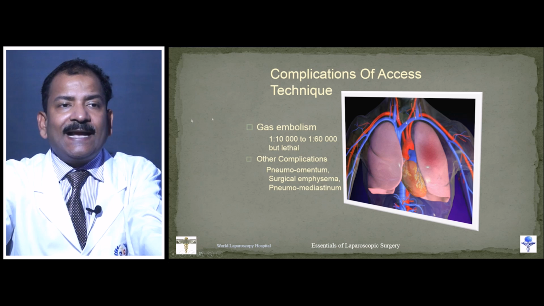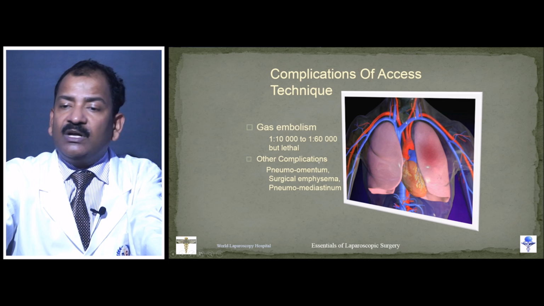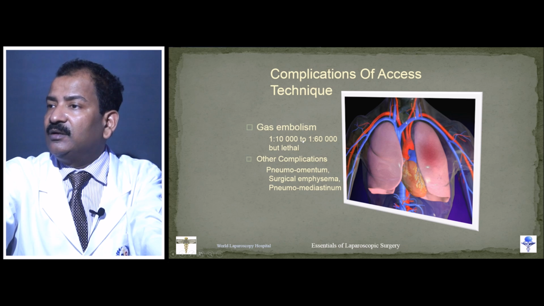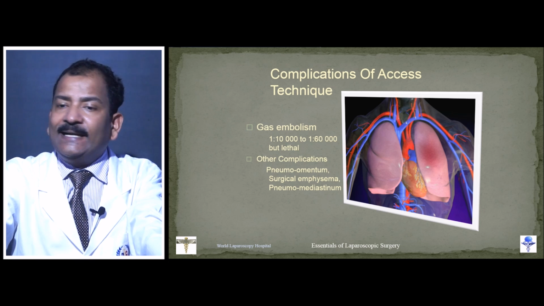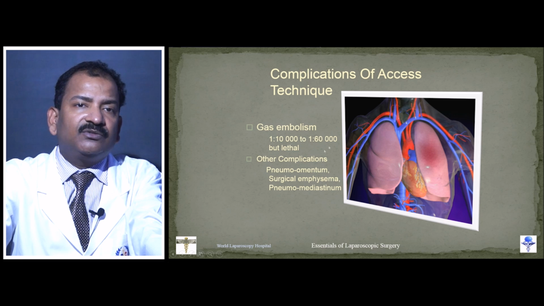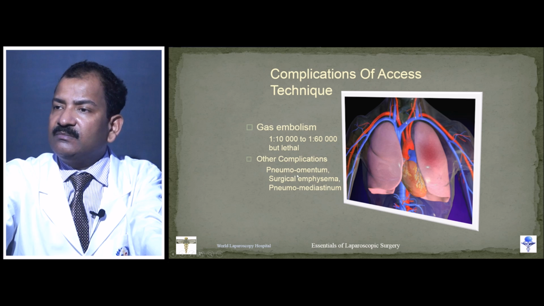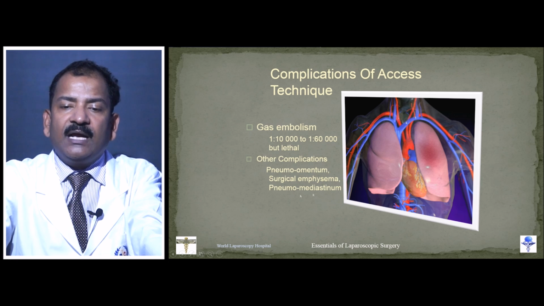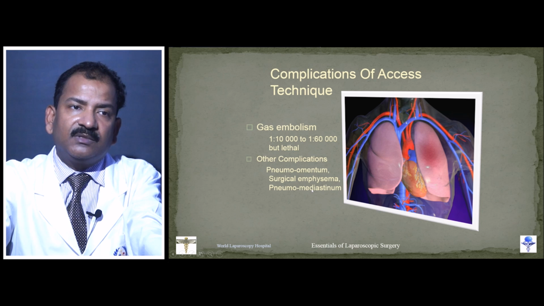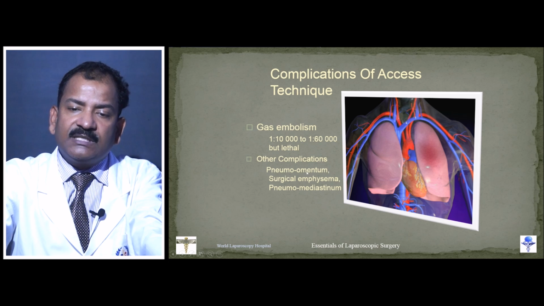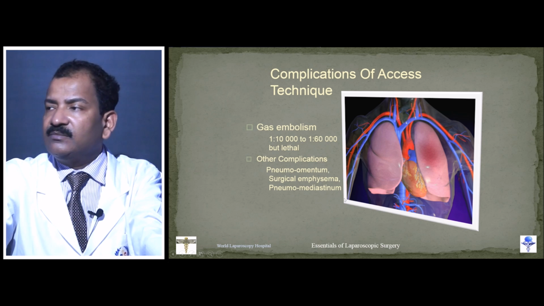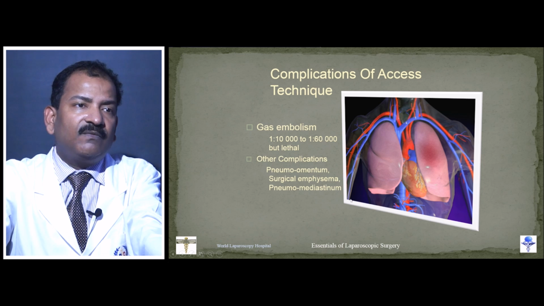Other complication is gas embolism. Gas embolism is 1 in 1000, but the mortality rate is 1 in 10,000 to 1 in 60,000. Other complications are pneumo-omentum, surgical emphysema and pneumomediastinum. These also have to be taken care of.